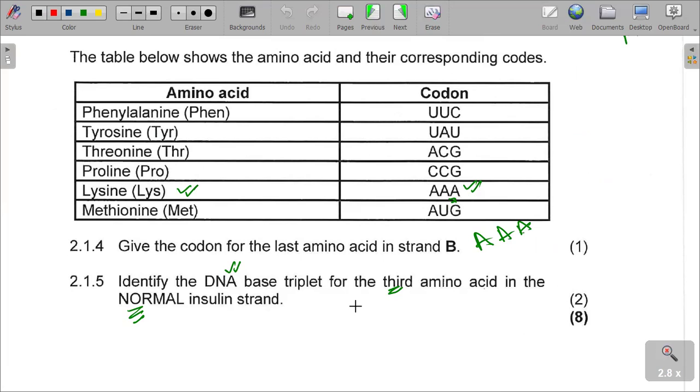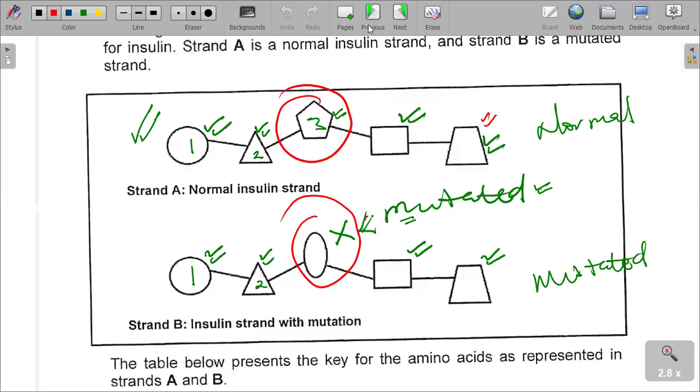You are supposed to identify the third amino acid, which is marked here. This is our third amino acid that is being asked about. I have already marked them like that to show what this one means.